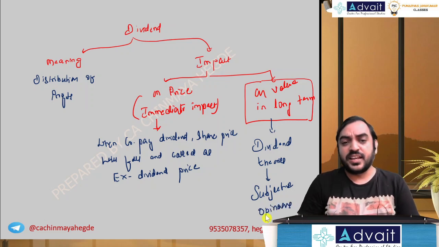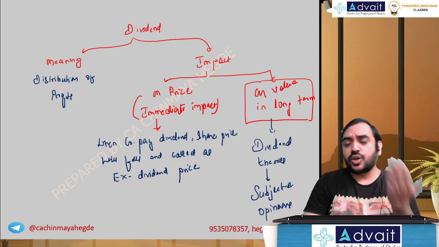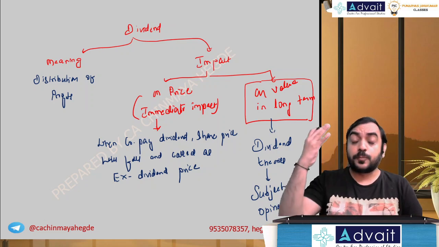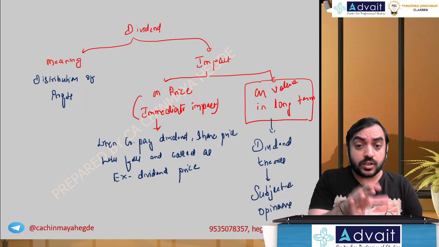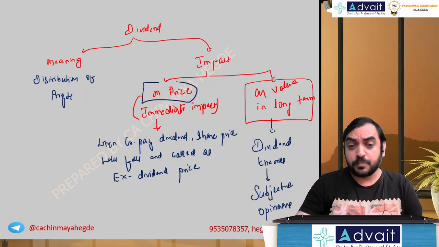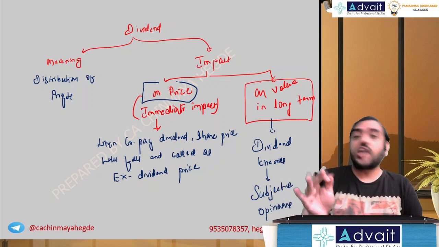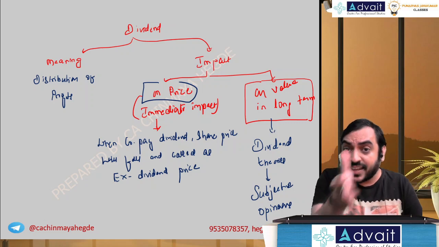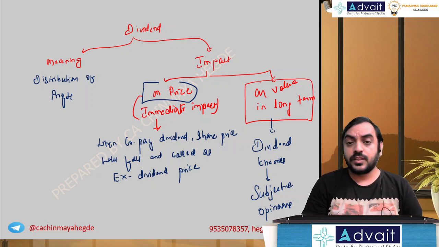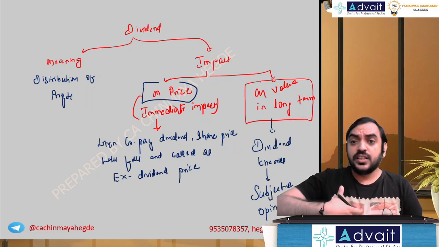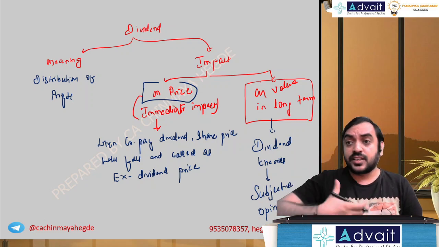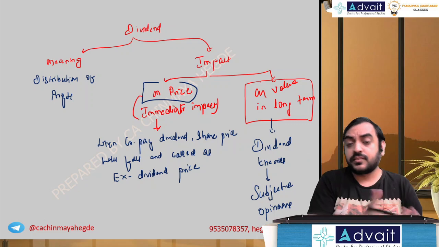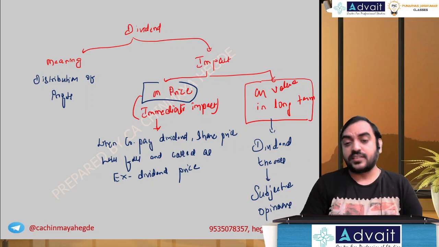Some people will tell it will increase, some people will say it is not good, some people say it does not affect value in the long term. But in the short term, the immediate impact, please take it very strongly to your head: the price will fall on the date of dividend payment. But the value, the brand, the confidence of the company in the market, different people view it differently.